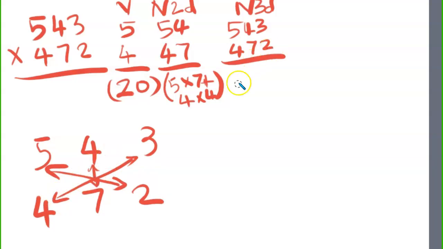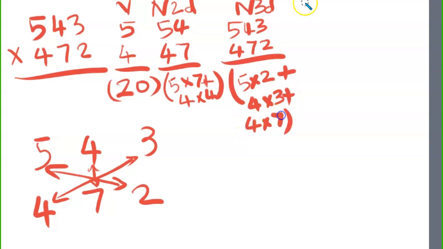And so we end up with 5 times 2 plus 4 times 3 plus 4 times 7.